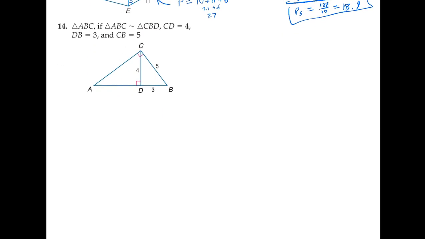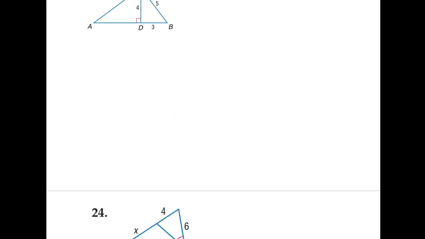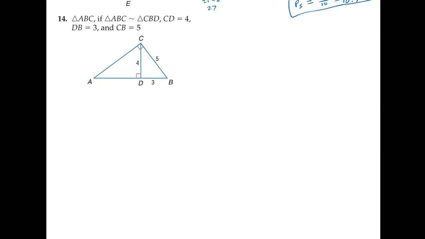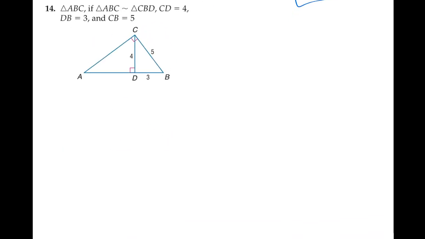Okay, last one. This is a cool problem, and I'm also going to end on this in just a couple seconds. So here's a really common type of problem next chapter. If we have a right triangle and then we have an altitude drawn, what we actually get are 3 similar right triangles. And again, I'm going to talk about this down below. But we have this original triangle that has angle A there.